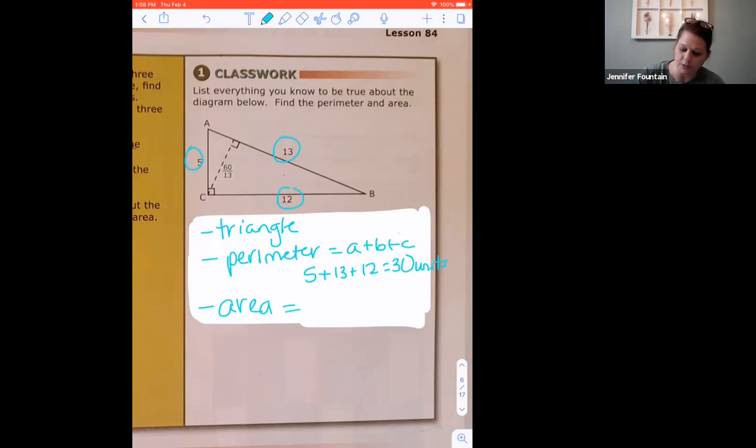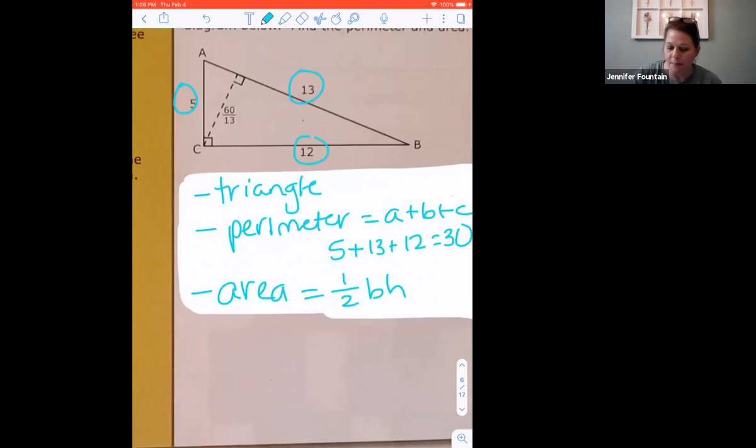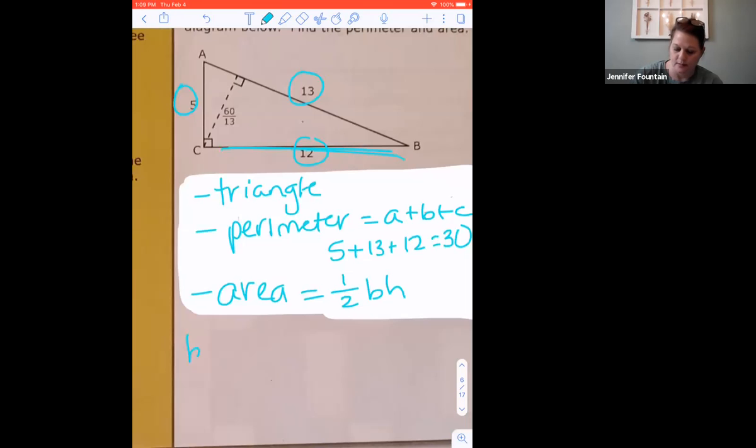My area equals 1/2 base times height. In this situation, my base is 12, my height is 5. So I'm going to have, this doesn't show up as well on the dark part. Let me change my pen color real quick.